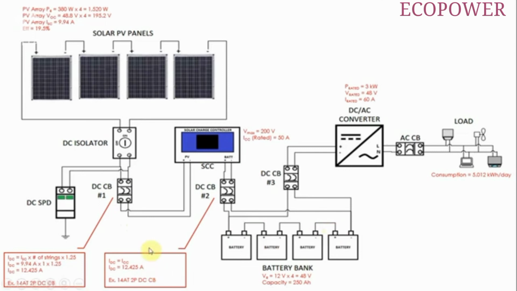So that's 12.425 amps, same as DC circuit breaker number 1. We chose a DC circuit breaker of the next available rating, that will be a 14 ampere trip 2-pole DC circuit breaker.